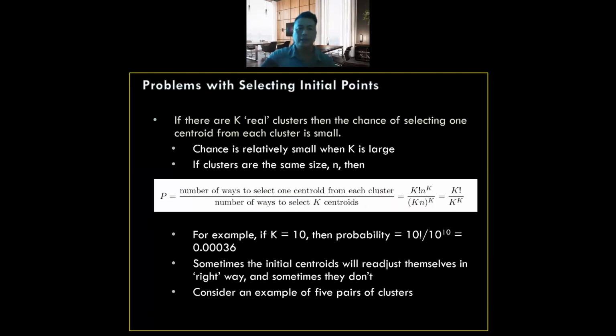Okay, because in reality, if you want to try every probability of having the best one, we have this probability to get the best result. Okay, because we have k factorial number of ways to select one centroid from each cluster divided by number of ways to select k centroid. Okay.